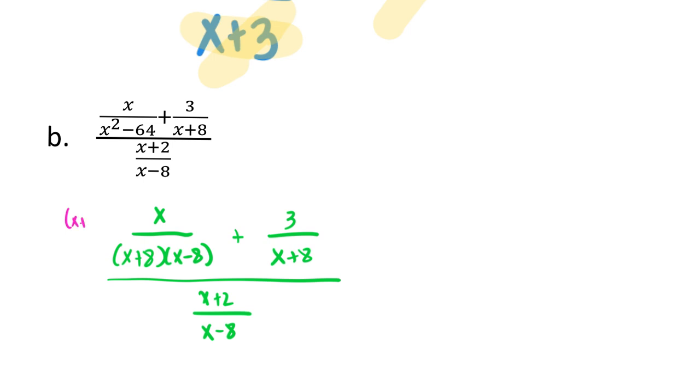So I'm going to multiply each of my fractions, numerators, by the x plus 8 times x minus 8. There we go. I will cancel each of my denominators that can cancel. So we've got that and that cancel. The x plus 8's cancel.